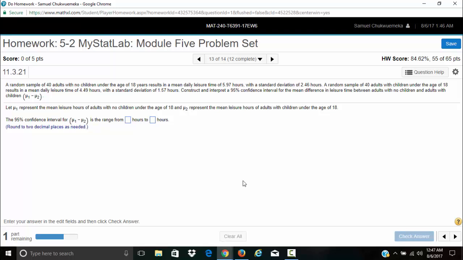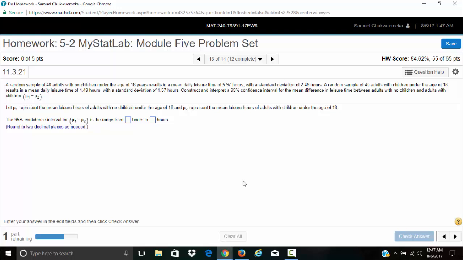A random sample of 40 adults with children under the age of 18 results in a mean daily leisure time of 4.49 hours with a standard deviation of 1.57 hours. Construct and interpret a 95% confidence interval for the mean difference in leisure time between adults with no children and adults with children.